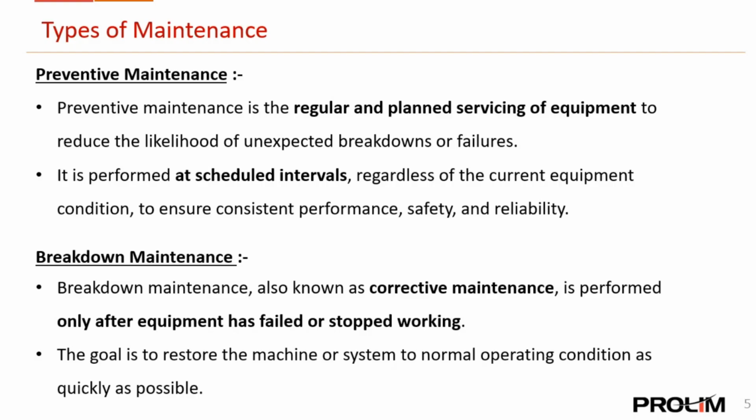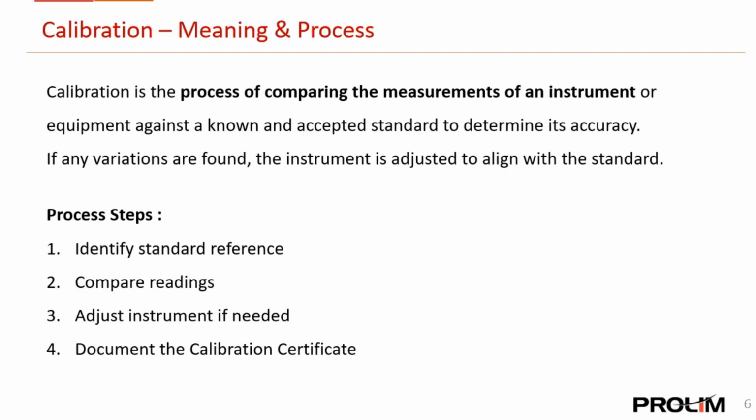Coming to the next slide, calibration. As I already explained, calibration is a process of comparing the measurements of the equipment or instrument against a known standard to determine its accuracy. If any variations are found, the instrument is adjusted to align with the standard.